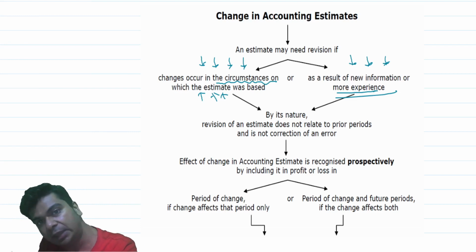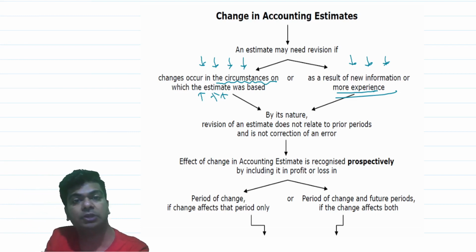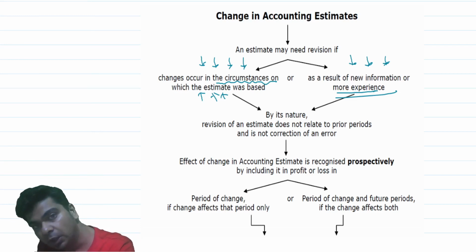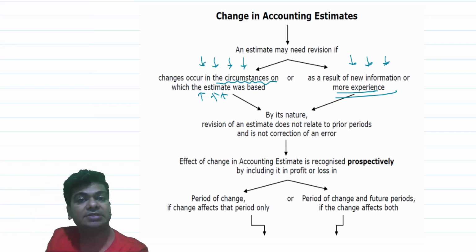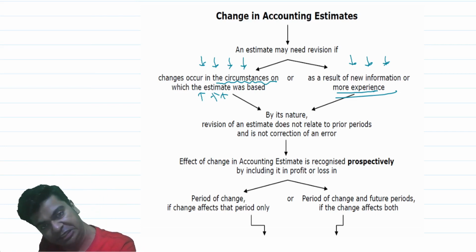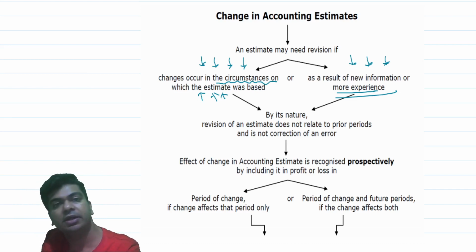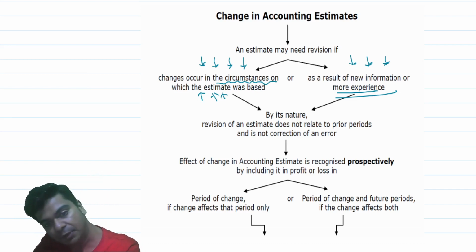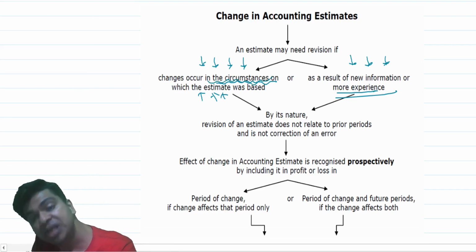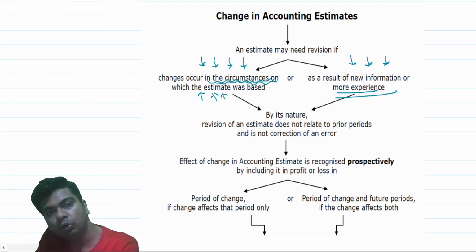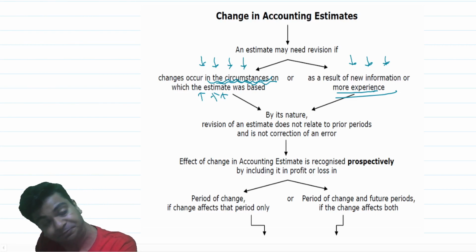But now looking at the condition of the asset, I feel I can use it only for 5 years. If that is so, then accordingly, I'll have to change the amount of the depreciation. This is nothing but a change in accounting estimate, and accordingly the revised depreciation will be determined. So when circumstances change, so shall the accounting estimate, right?